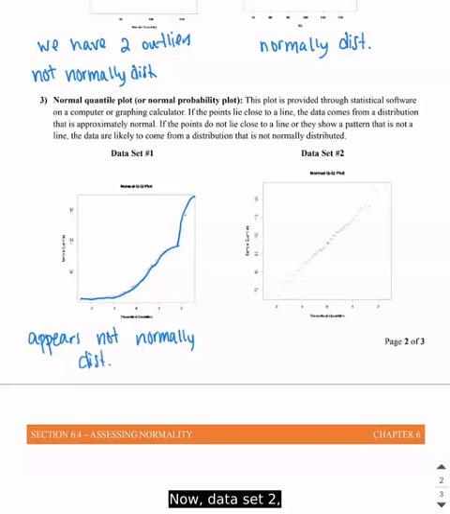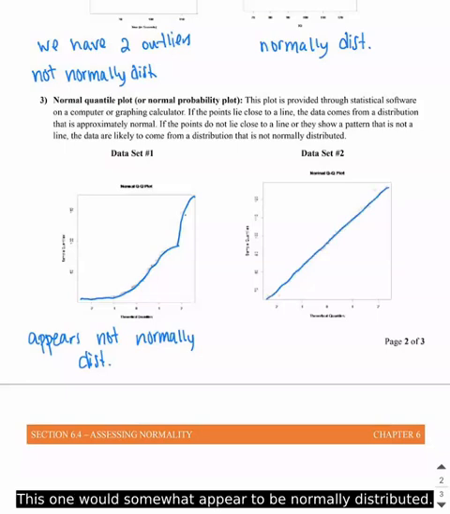Now data set 2, there is a little curve to it, but if I think of most of the data and draw a straight line, most of the data is pretty close to it. So this one appears to be normally distributed.